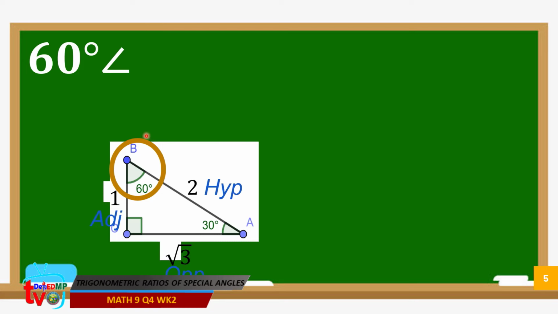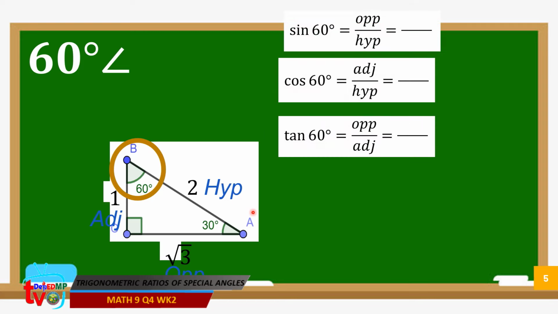So we have here as our reference angle, the 60-degree angle, which is angle B. So the opposite side is line segment AC, which is square root of 3. Adjacent side is line segment BC, which is 1. And the hypotenuse is, of course, line segment AC with a length of 2. Now, let us recall the 3 primary trigonometric ratios.